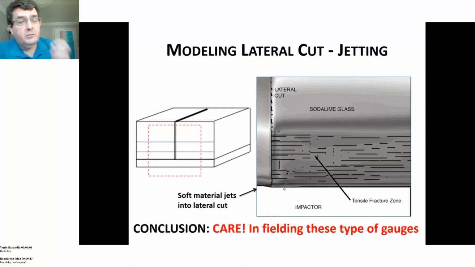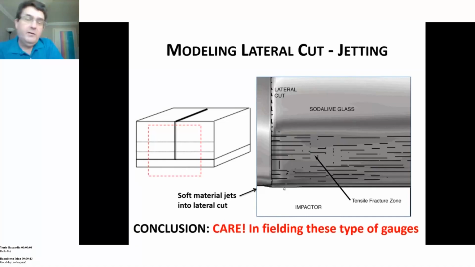Take care with the geometry. Use high-speed photography. Use whatever diagnostics you have to look at if that gauge is having a strong effect upon the material behavior. Otherwise, you could start making some really quite interesting, and is the word crazy, very bold claims based on a flawed experiment. So again, be careful.